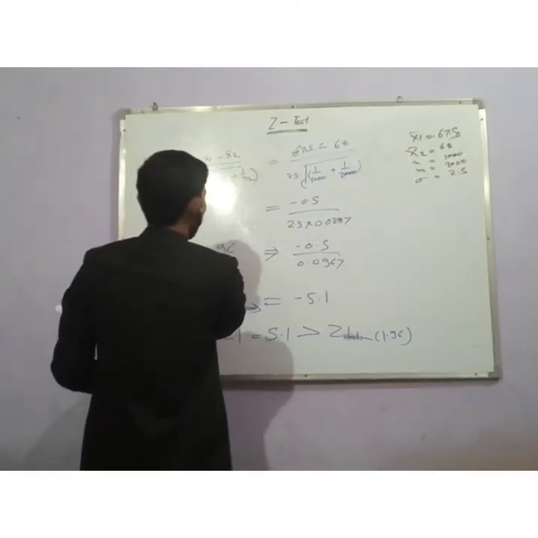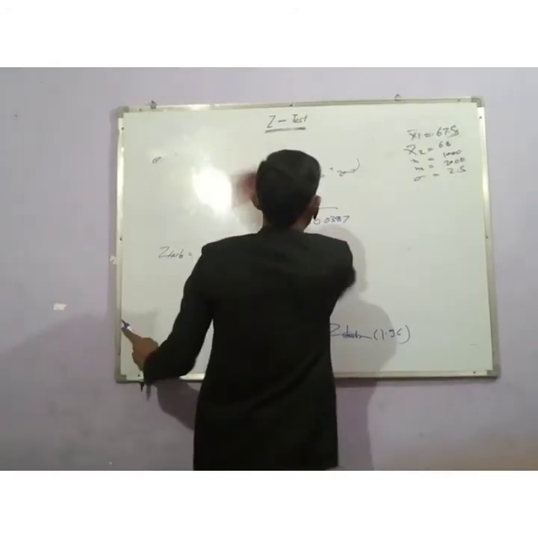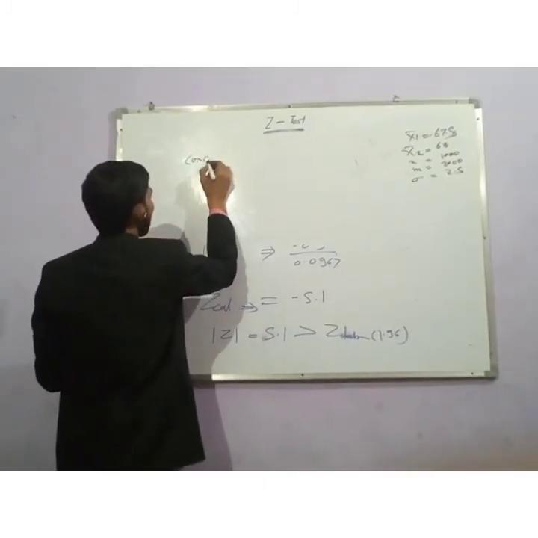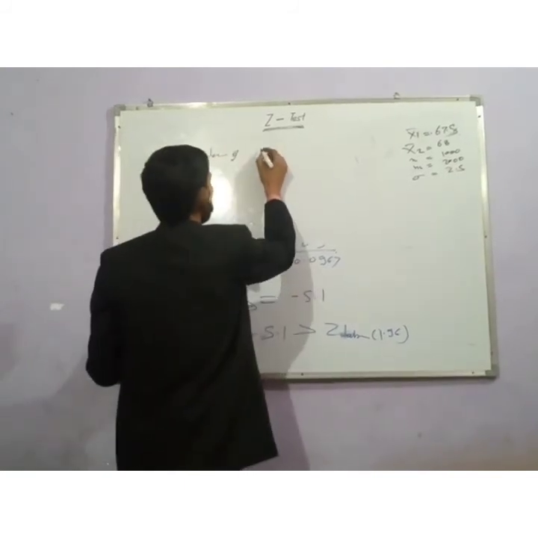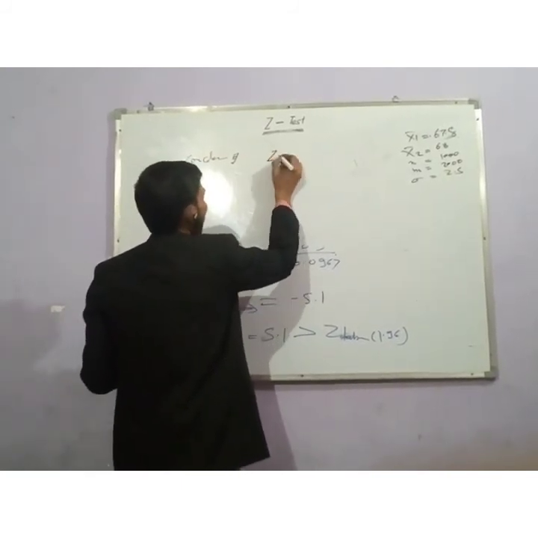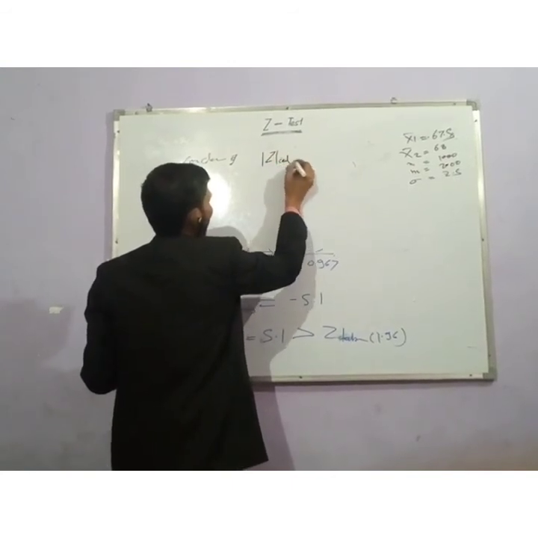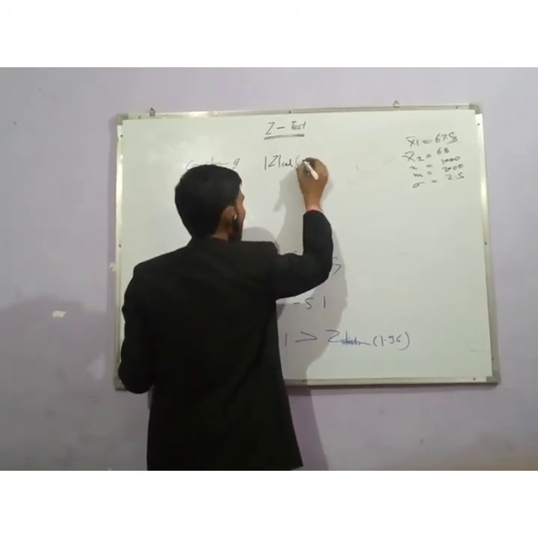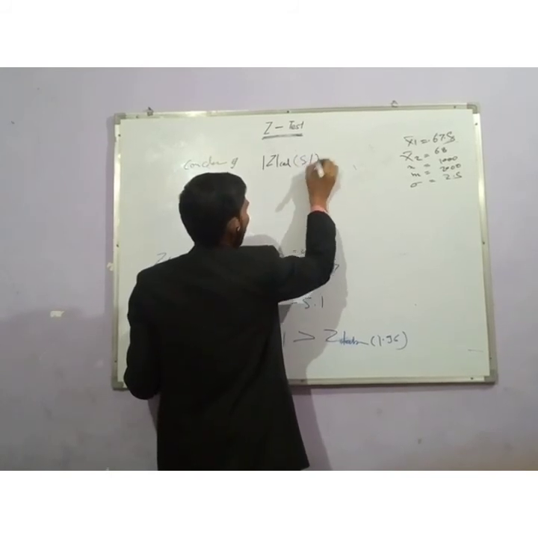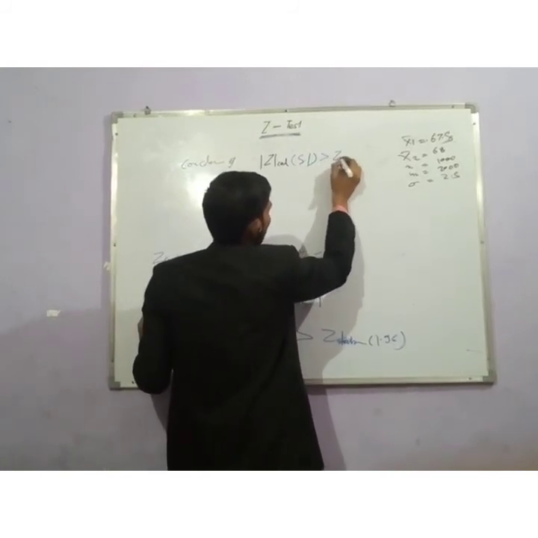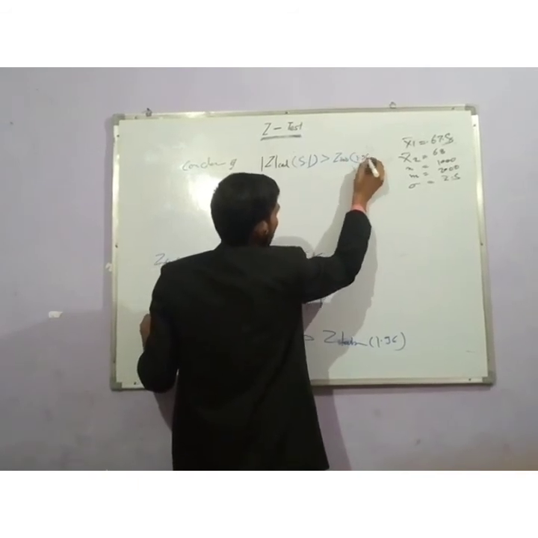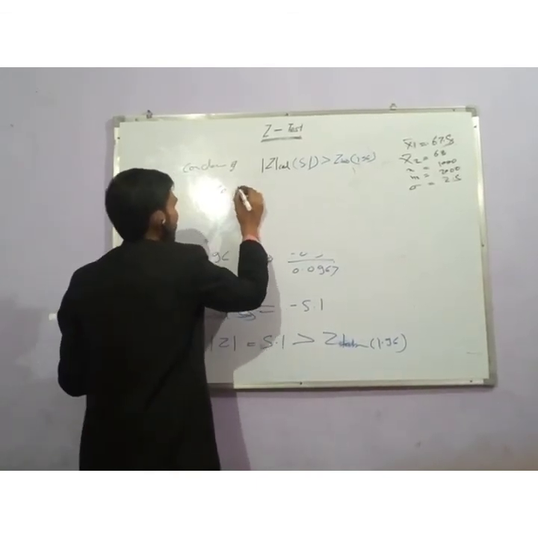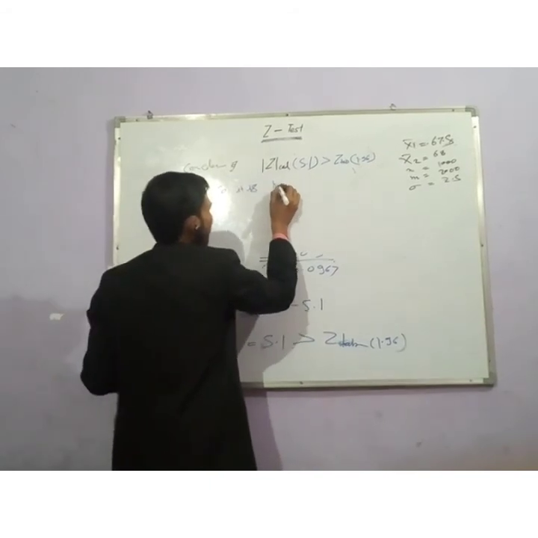Now we write a conclusion. Conclusion: mod Z calculated, 5.1, is greater than Z tabulated 1.96. So it is highly significant.